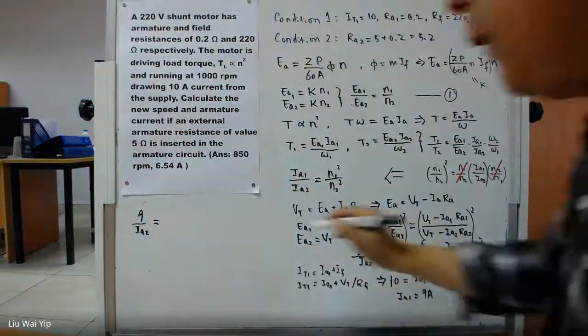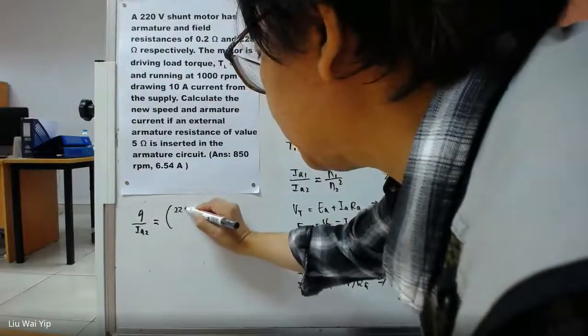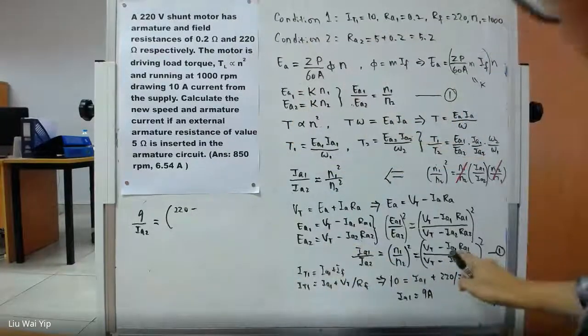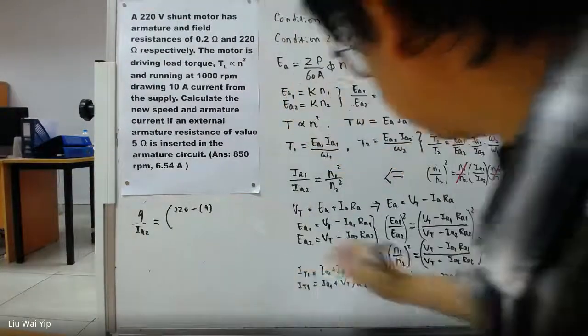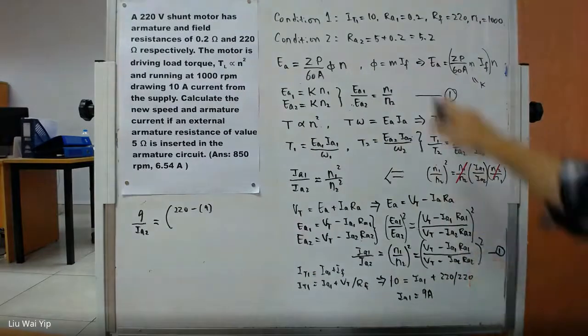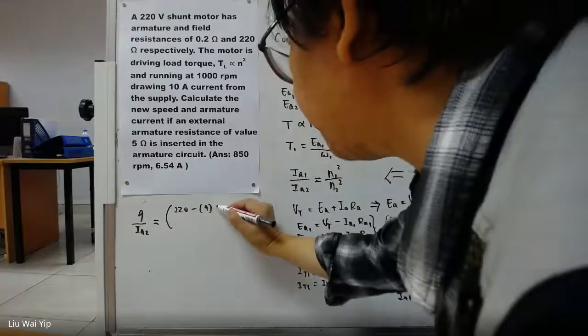And then VT is 220, and IA1 again 9, and RA1 0.2.